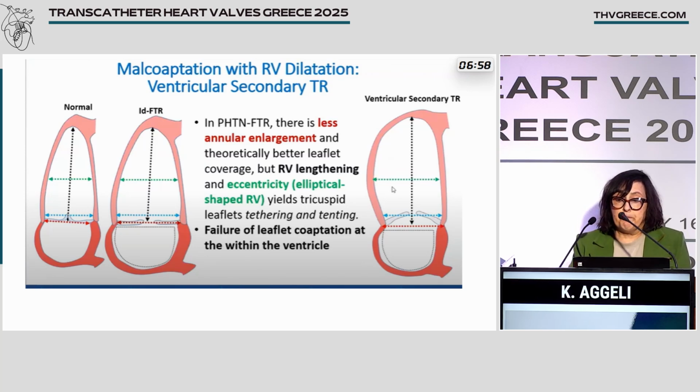We have discussed the different types of secondary tricuspid regurgitation, and we realized that in ventricular secondary tricuspid regurgitation, all these patients have less annular enlargement and theoretically better leaflet coverage, but more RV lengthening and eccentricity compared to the atrial functional TR.